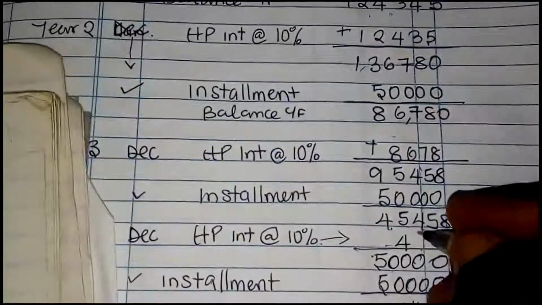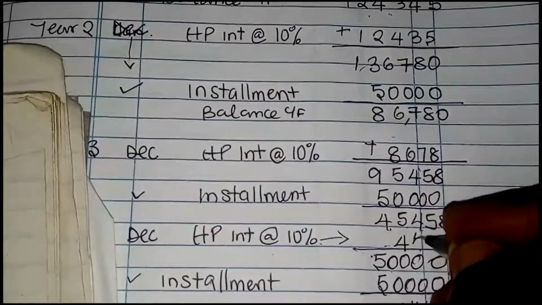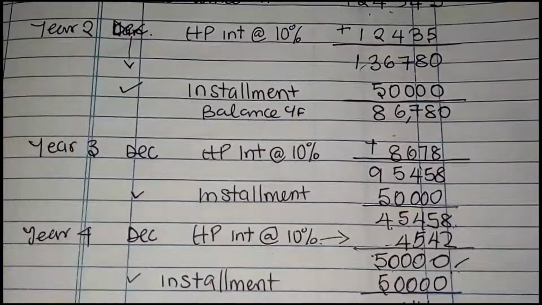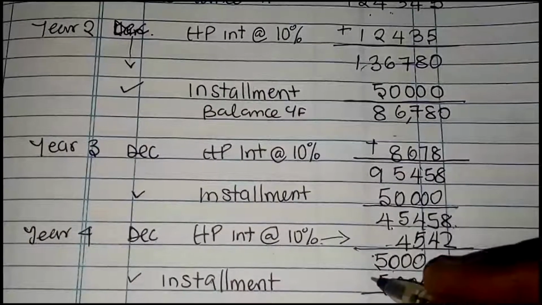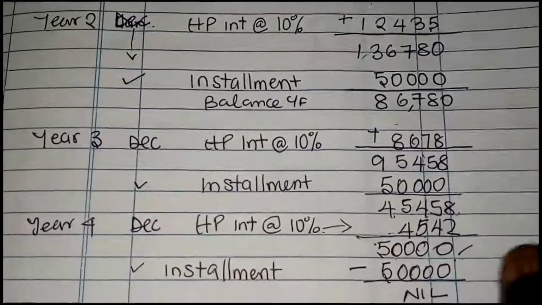I think I'm having 4,542. So this will be 4,542 because of the approximations. So that is how to calculate. So this is minus, it will give you nil, which is the last year.